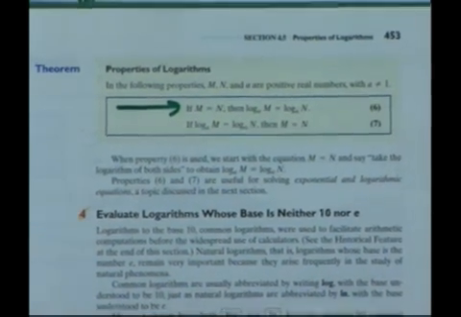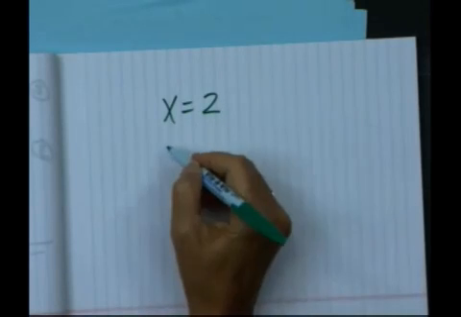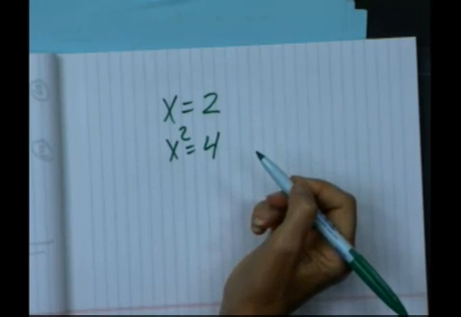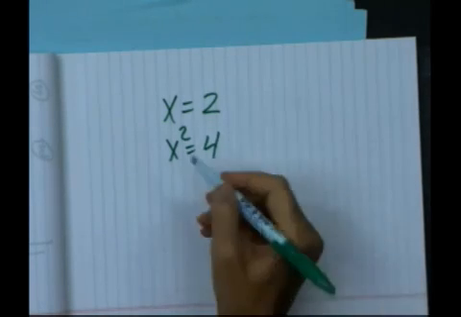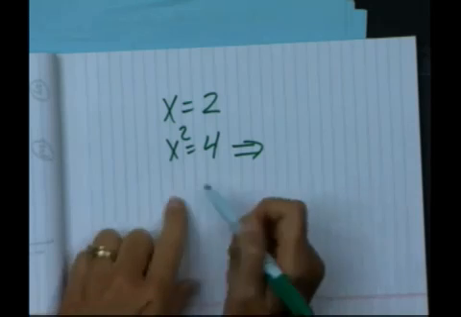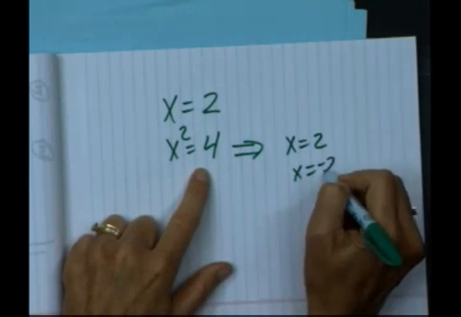Recall algebra days. If x is equal to 2, you could square both sides and get x squared is equal to 2 squared, or 4. However, you have to be careful, because whenever you square both sides of an equation, if I solve this, it looks like x is 2 or x is negative 2.